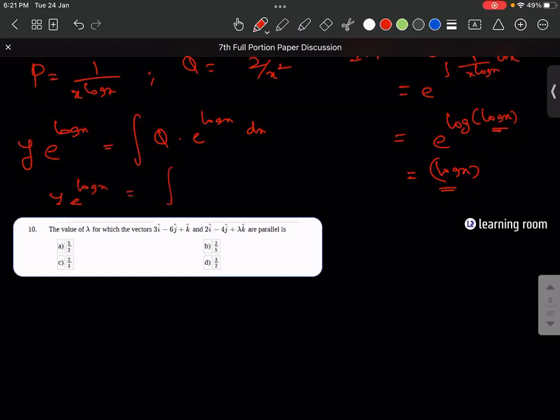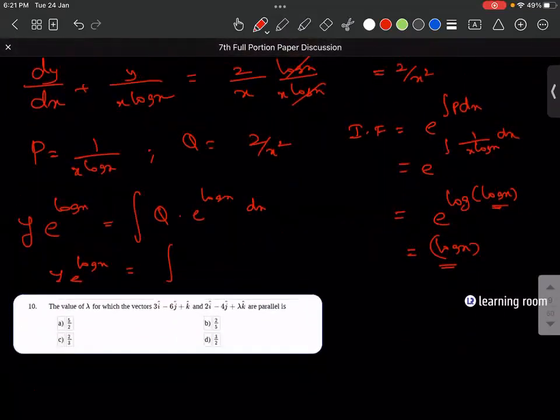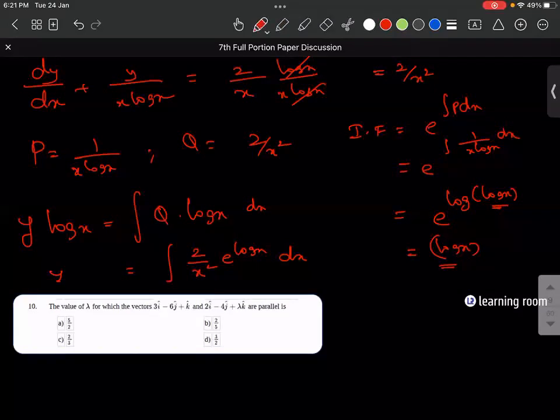So y into log x is equal to integral of, what is the value of q? Two by x square into log x dx. So how to solve this? Sir, it should be only log x, right?